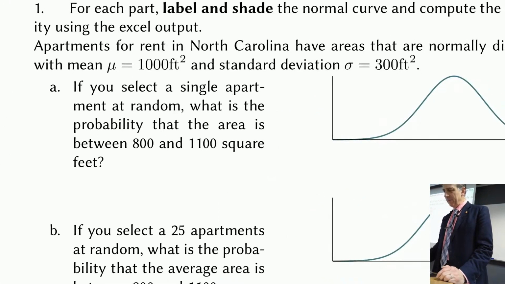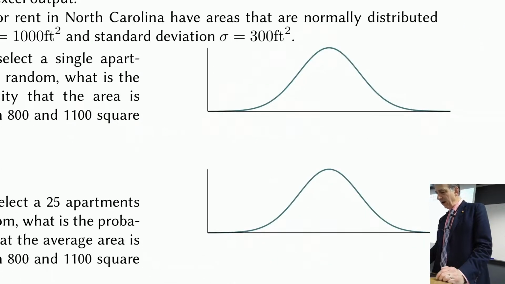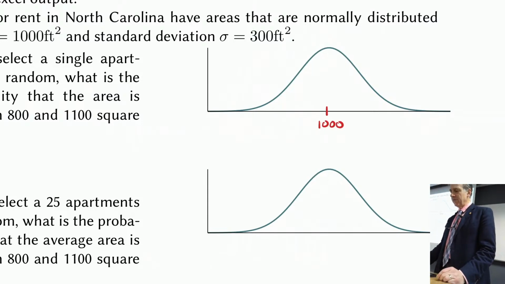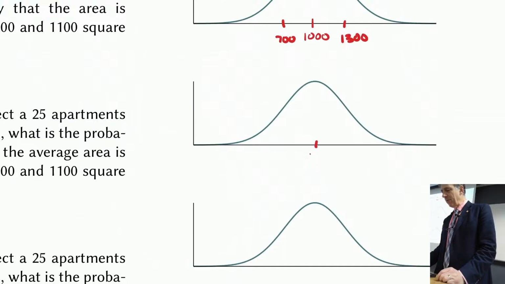So it says that apartments are normally distributed with a mean size of 1,000 square feet, standard deviation of 300 square feet. And so if I were to mark this off, I might do something like this. This would be 700 and so on. So each one of these curves you would want to label.